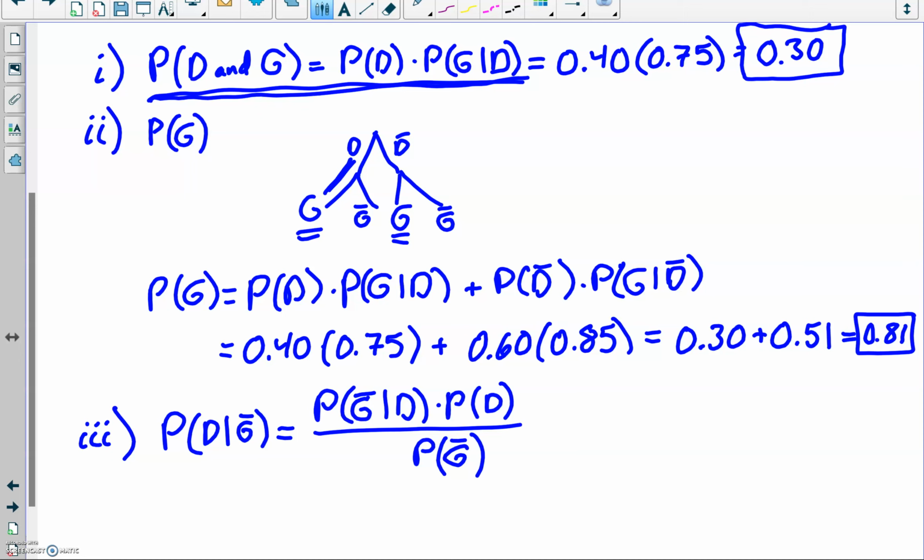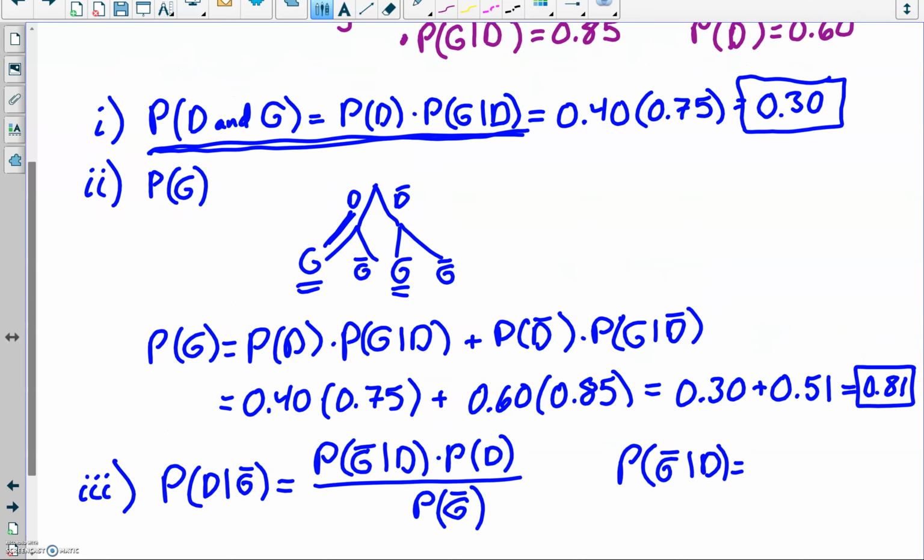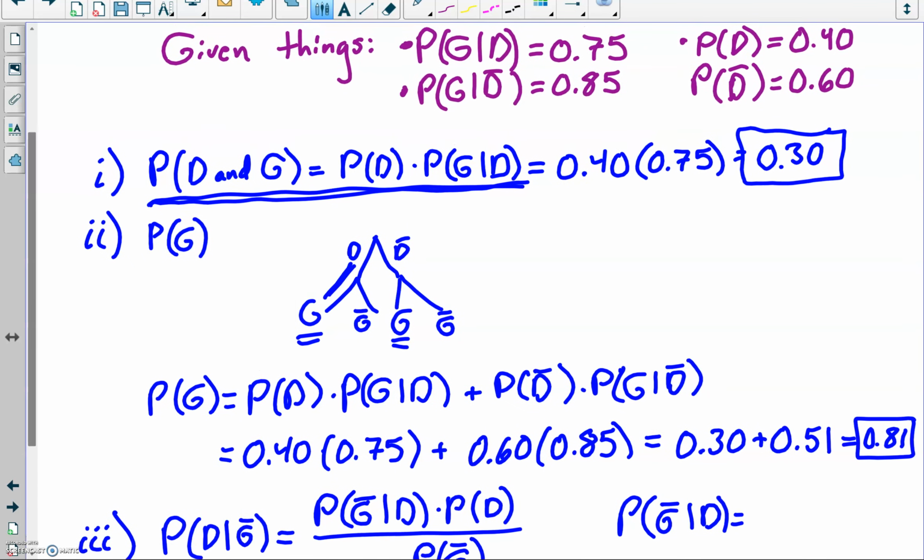So let's go ahead and get these different pieces in play so that I can complete this. So the probability of not germinating given that it's dry. Well, going up here to what was given, we had the probability of germinating when it was dry was 0.75. So the probability of not germinating when it was dry would just be 0.25, again assuming that there's only two possibilities, germinate and not germinate.